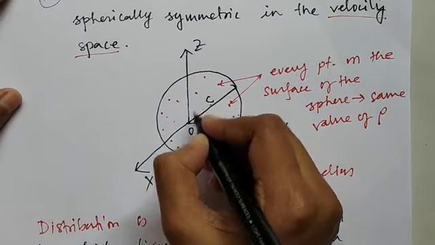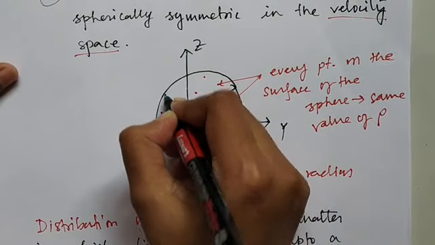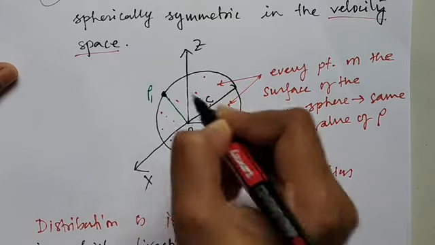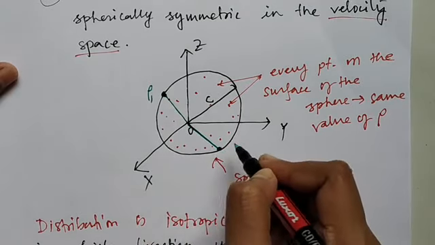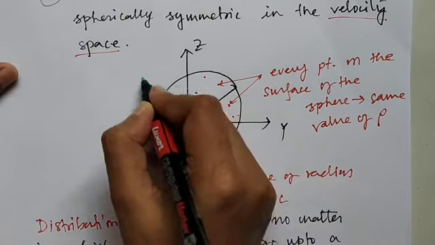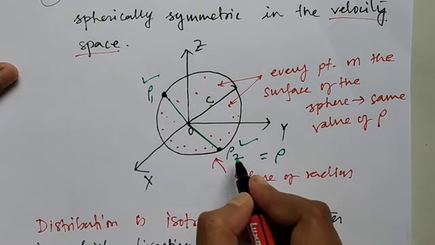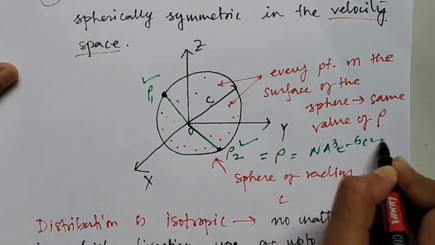Suppose you go in this direction up to a magnitude of c, suppose you find the number density to be rho 1, and here you go in this direction and you find the number density to be rho 2. You will find that these two are equal, which equals rho. So rho 1 equals rho 2 equals rho, which is n a cube e to the power minus b c square.